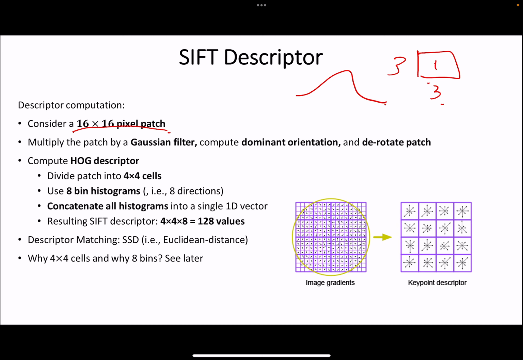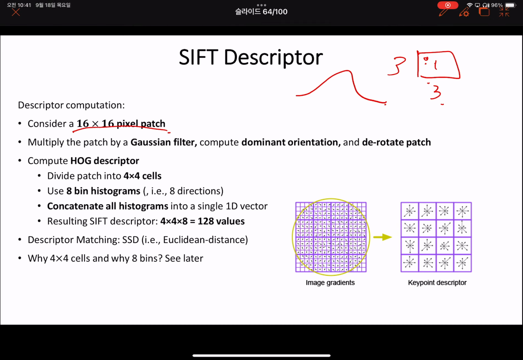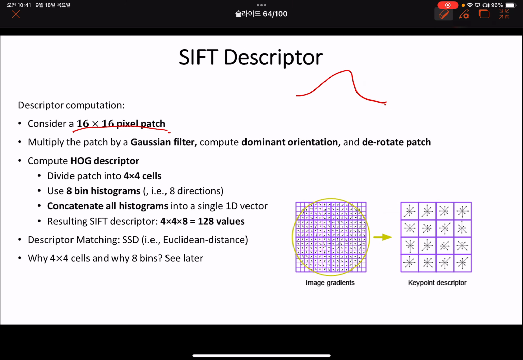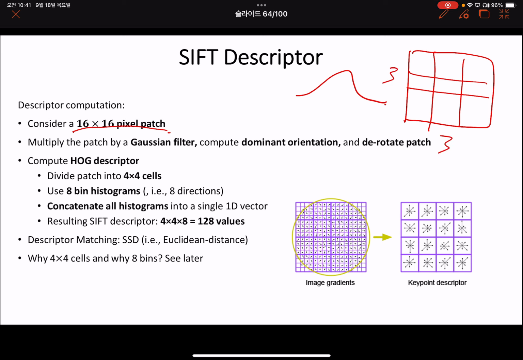So a Gaussian filter is like a 3x3 filter where maybe this one has the largest number, and this one might be a little bit smaller, and this one even smaller. Just random numbers, but this kind of filter is called a Gaussian filter, which has a similar shape to the Gaussian distribution. Applying a Gaussian filter makes the image a little bit blurry.